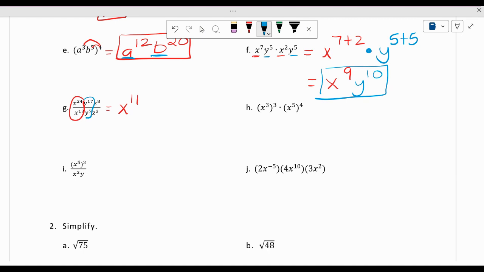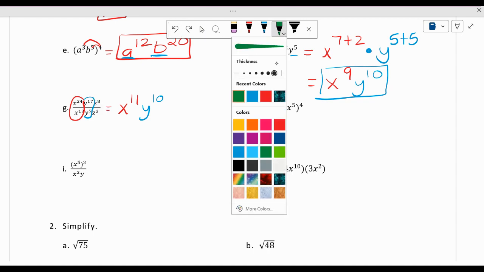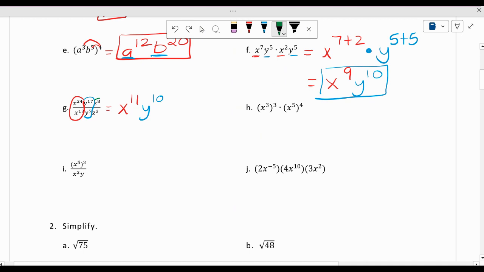Now if I look at the y's, y to the 17th over y to the 7th, that's y to the 10th. And then at the very end, the z's. Z to the 8th over z to the 3rd, that's z to the 5th. Because these are all different bases, I cannot combine them anymore, so that is my answer.